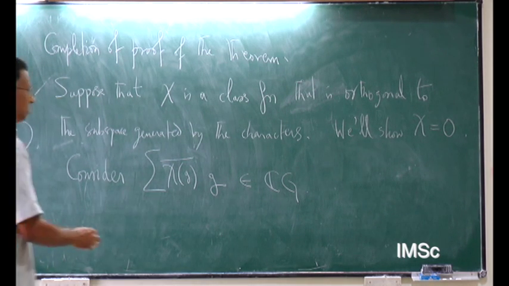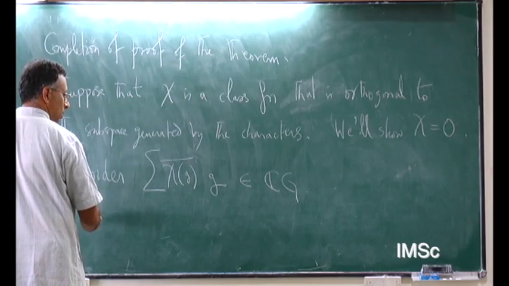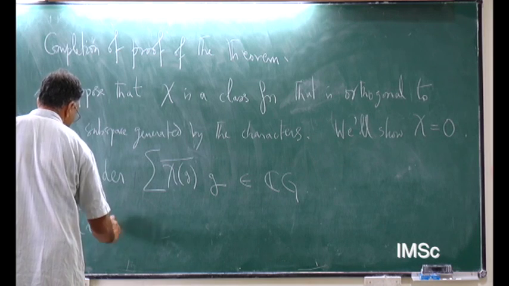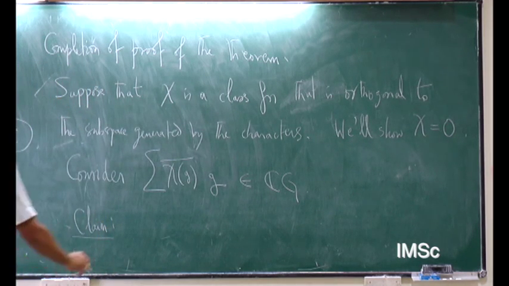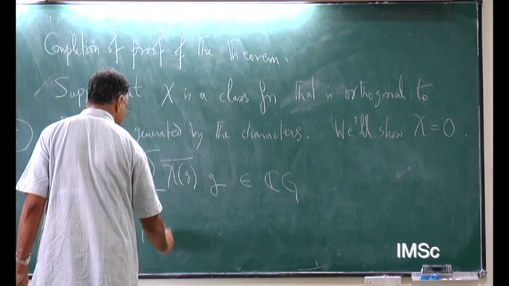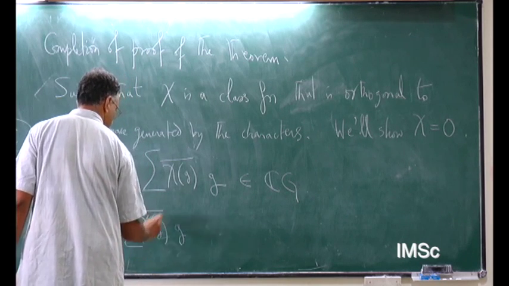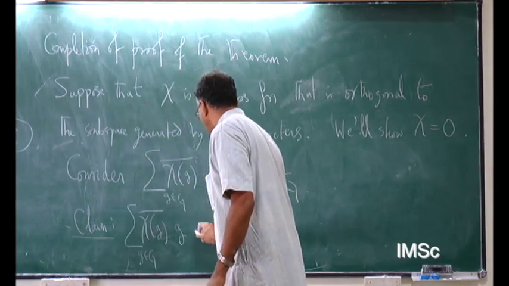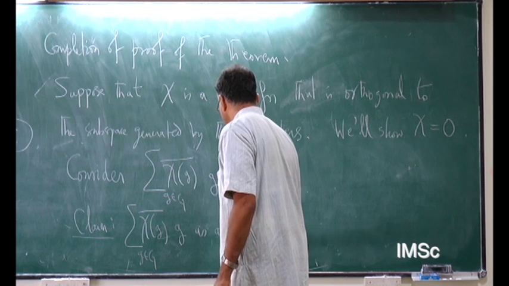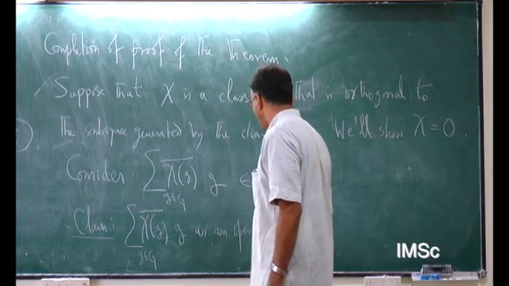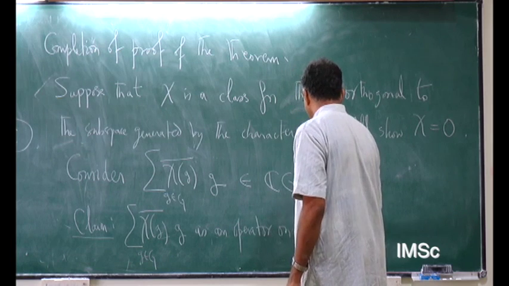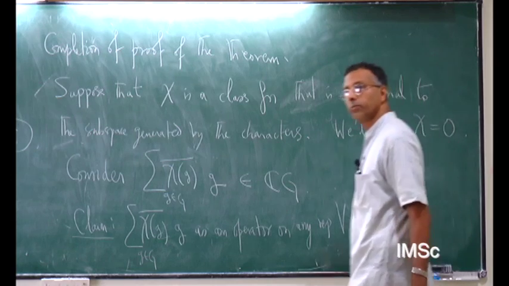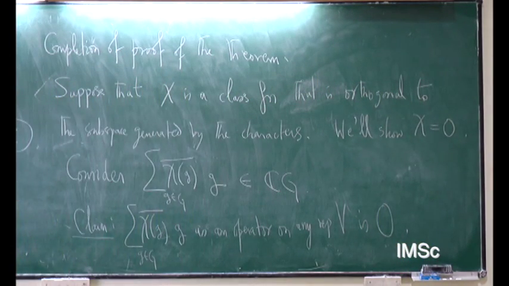Now what I want to do therefore is show the claim: this operator, the sum over g in G, as an operator on any representation V, is 0. This is the claim.